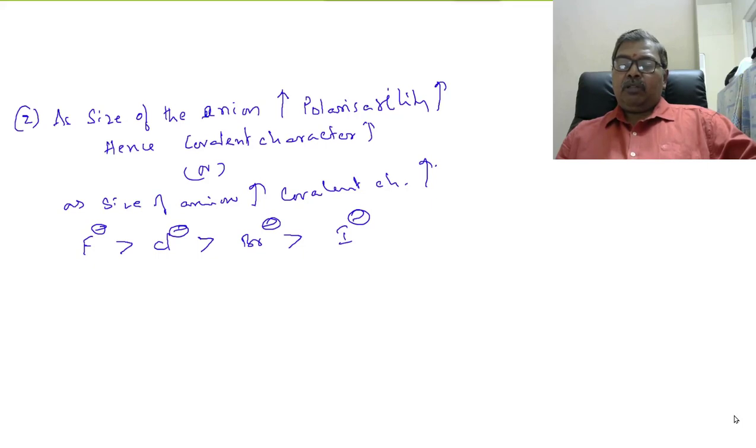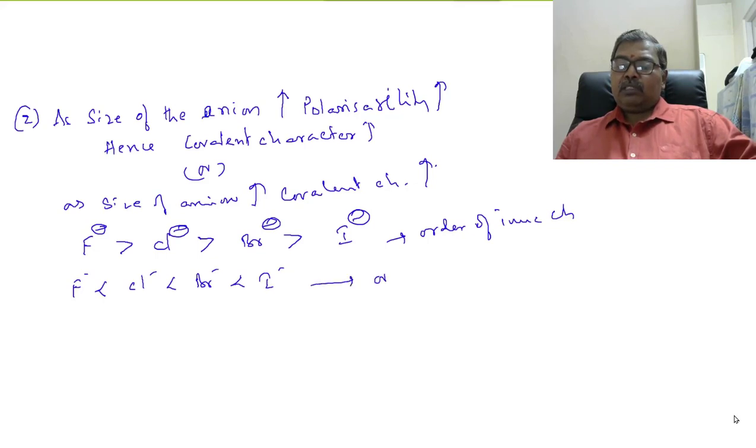So therefore, as the size of the anion increases, covalent character increases. So this is order of ionic character. Now, fluorides are less covalent than chlorides, than bromides, than iodides. So this is order of covalent character.